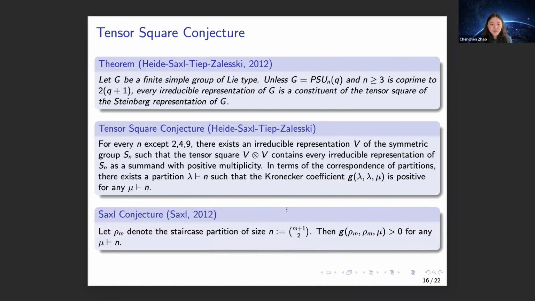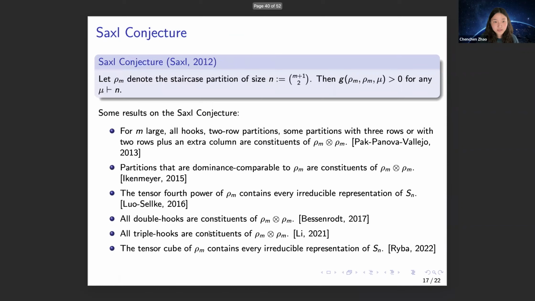And in 2012, Saxl made the conjecture that when n is a triangular number, the staircase shape satisfies this conjecture. So the tensor square of the staircase shape will contain every irreducible representation of the symmetric group when n is a triangular number. And there are some results on this Saxl conjecture, but again, it also remains open.